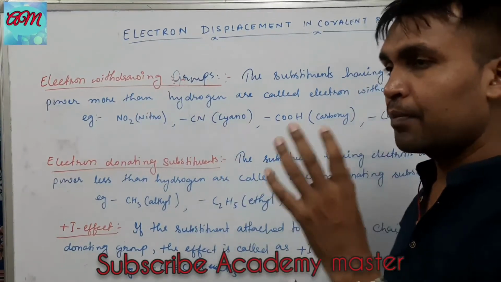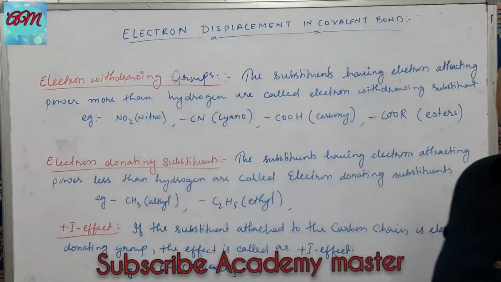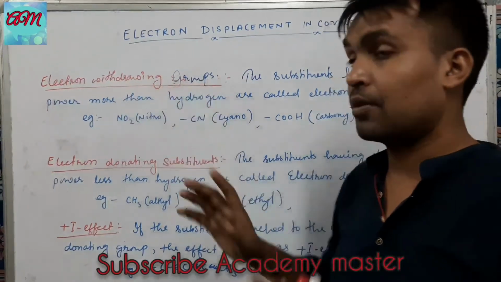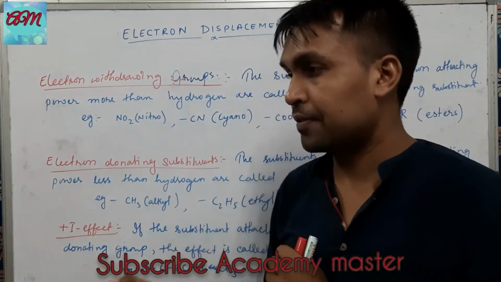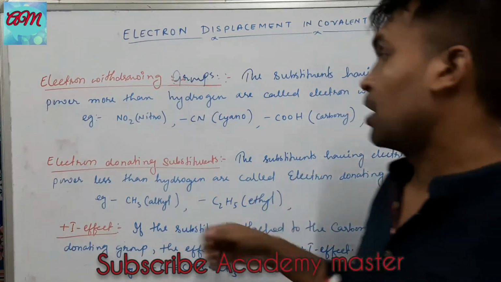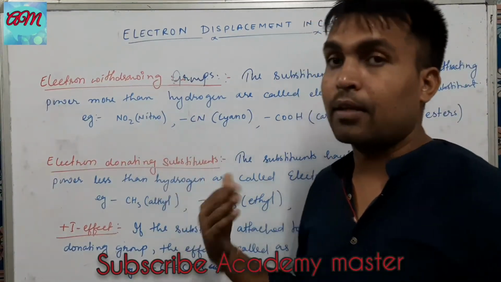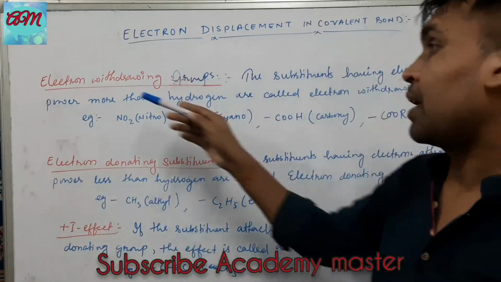They are very poor. They are also called electron lovers. Electron deficient means they are in search of electrons, they are in shortage of electrons. They always like to take electrons from others, so they are called electron withdrawing groups.